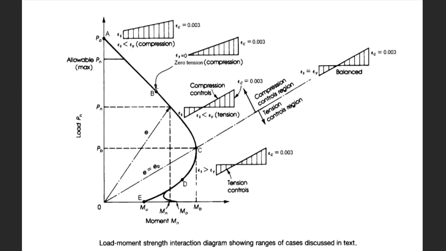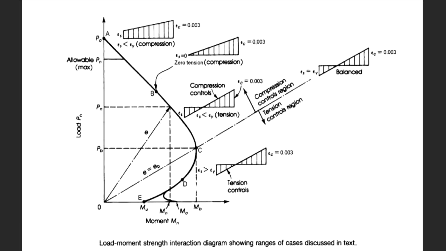Similarly, as we move downwards, as we reach point B, we are going to consider the minimum eccentricity. As we are considering the minimum eccentricity, the strain in steel we are going to consider as 0, but strain in concrete will increase.